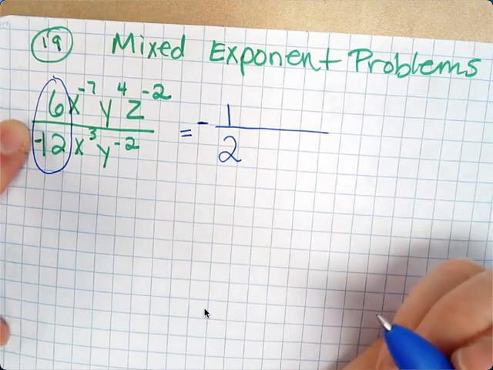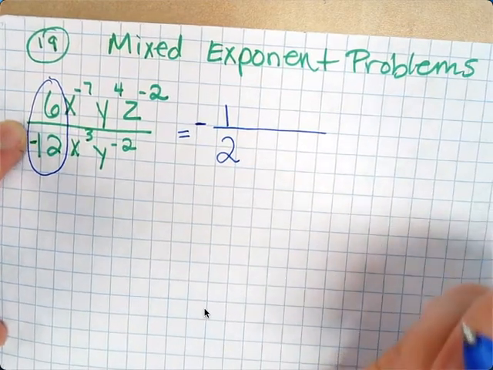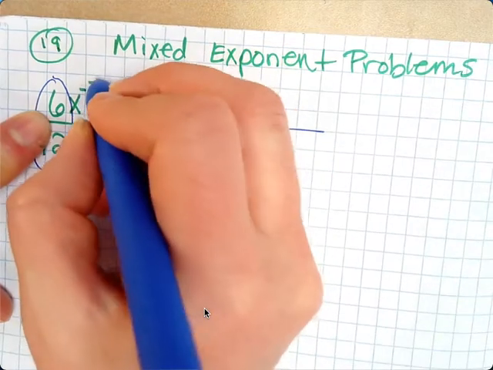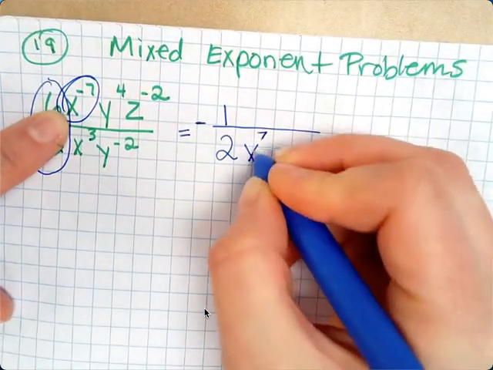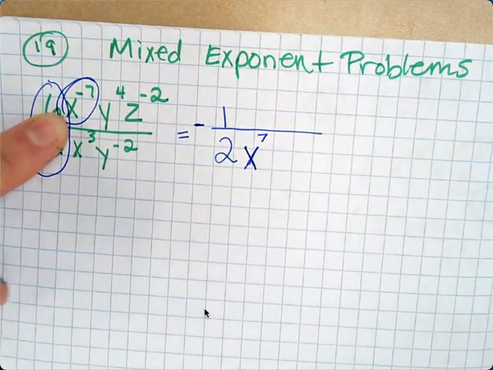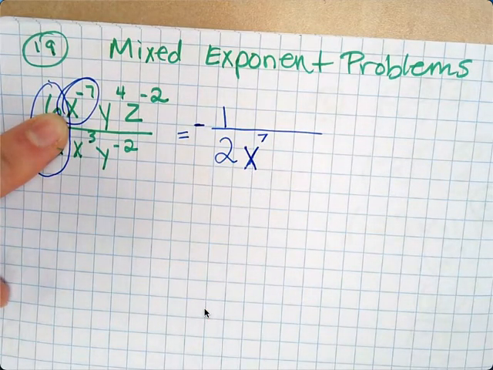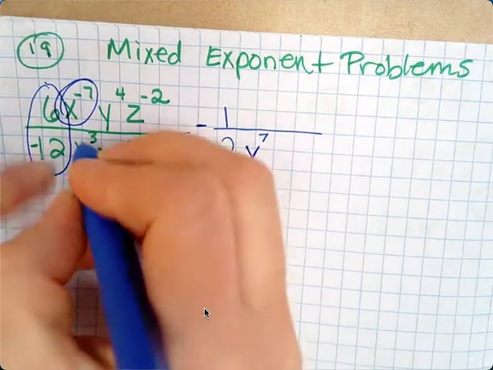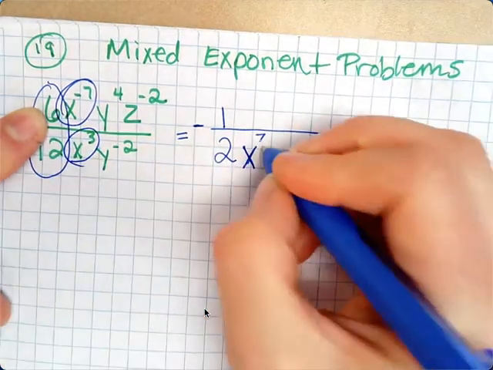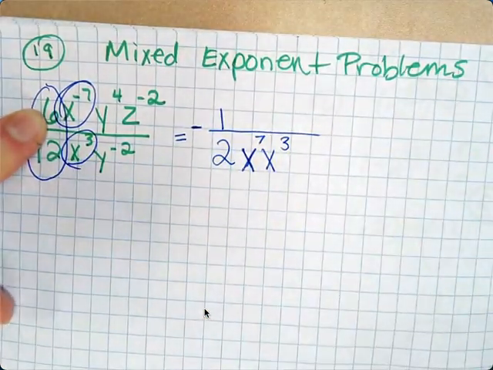All right, the next thing is look for our negative exponents and put them on the opposite. This is a negative exponent, so I'll put it on the bottom and make it positive. And I want to group my x's together and my y's. So I'm going to put the x to the 3 right beside it. It stays.